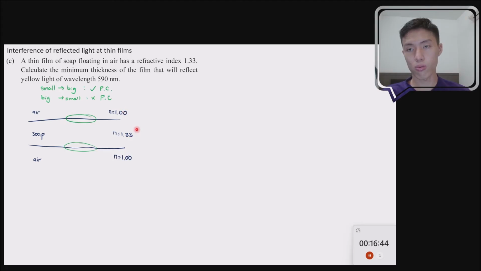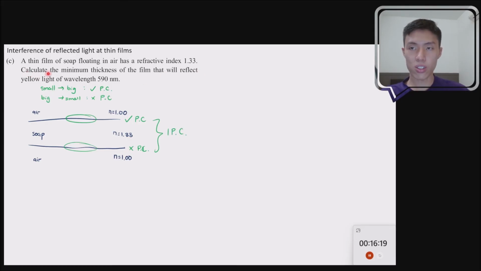You go from small to big, so we can make a conclusion here, there will be phase change. Next, for this boundary over here, you're going from 1.33 to 1.00. From here to here, big to small, no phase change. So from here, we can conclude that there's only one phase change that happens.